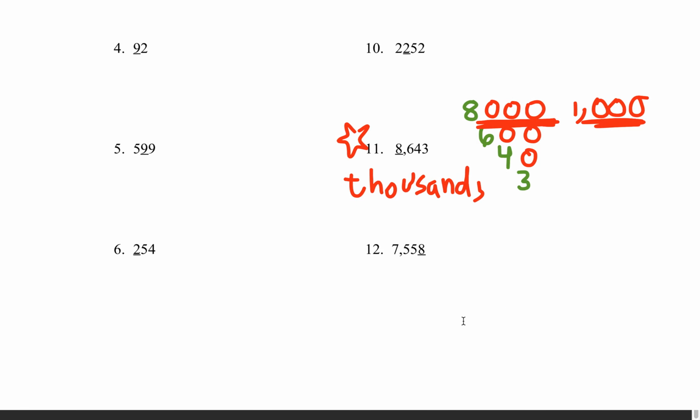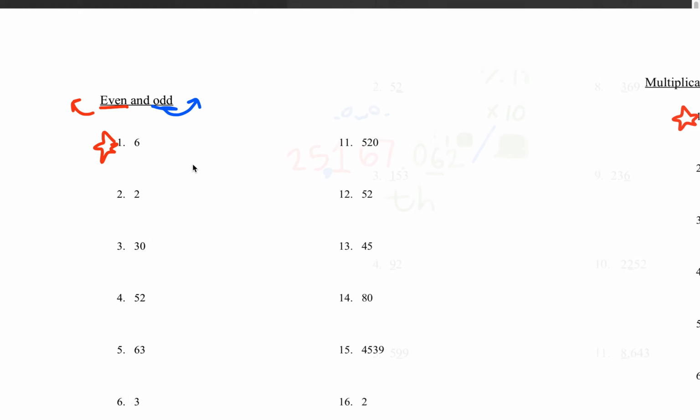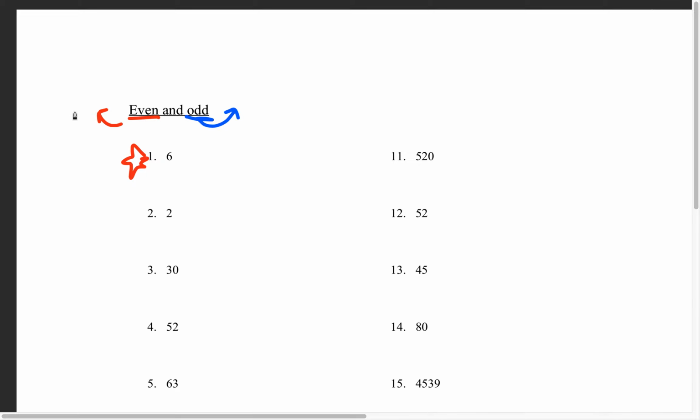Okay, we're now going to move to evens and odds. So, what is an even number? And what is an odd number? Basically, an even number starts off such as like 2, 4, 6, 8. However, odds are like 1, 3, 5, 9.